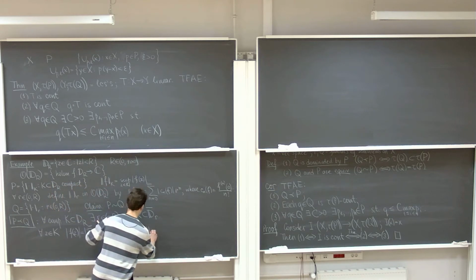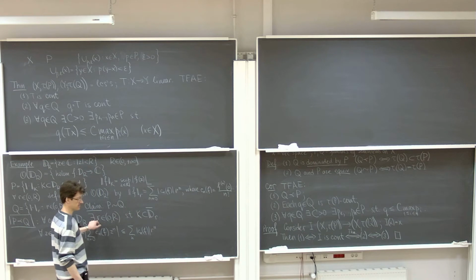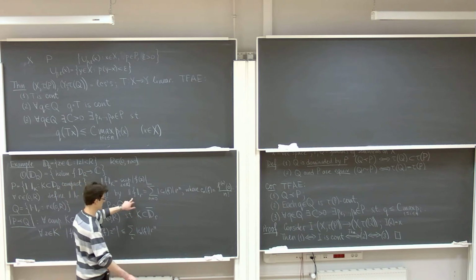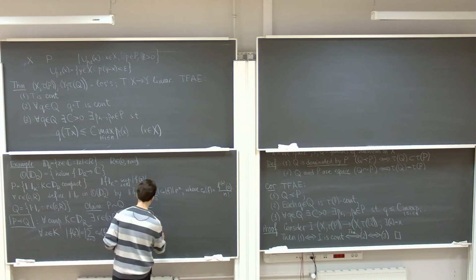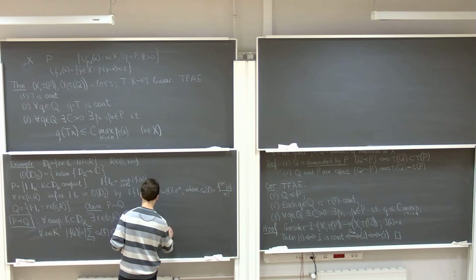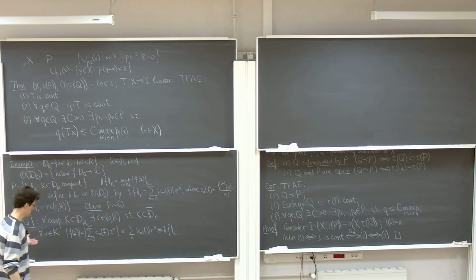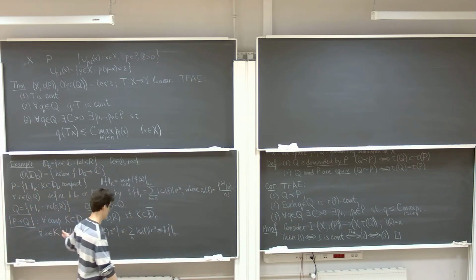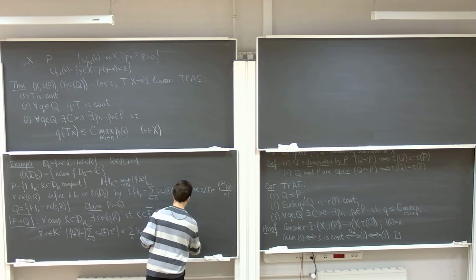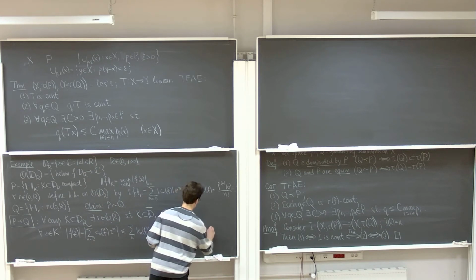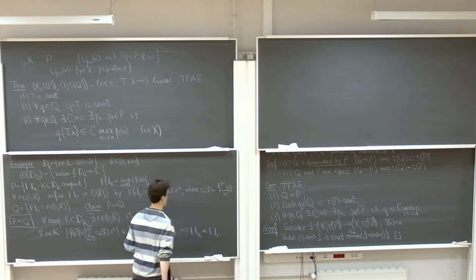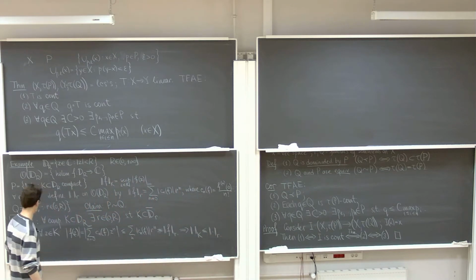So we can estimate this as follows. But this is nothing but this norm, F_r. Okay. So now we take the supremum over K, and we conclude that this seminorm is less than or equal to this one. And it shows that P is dominated by Q.